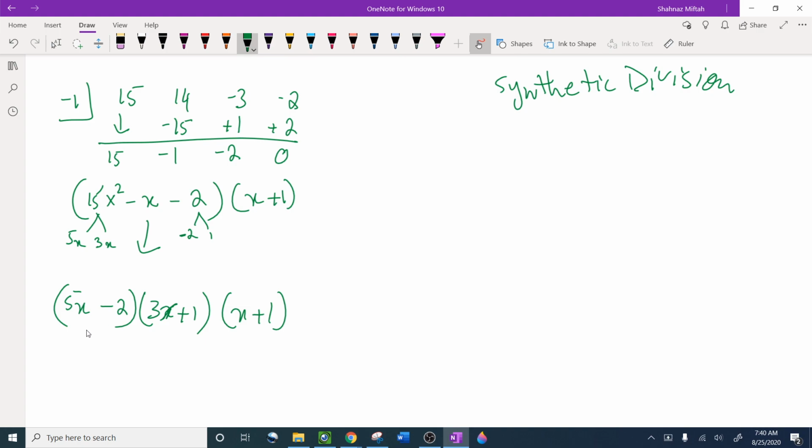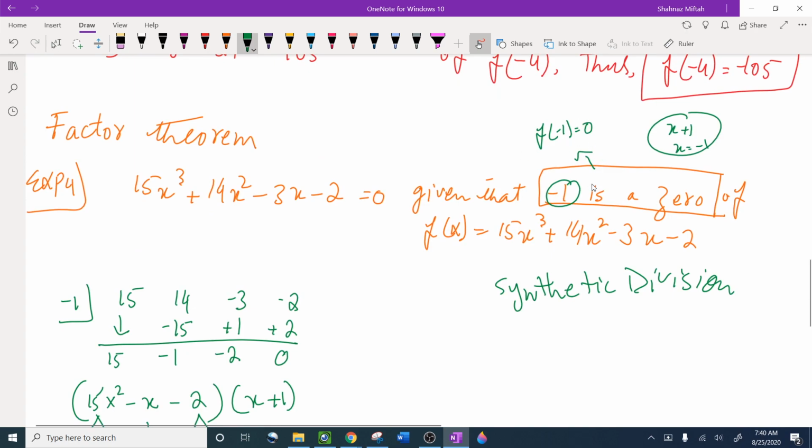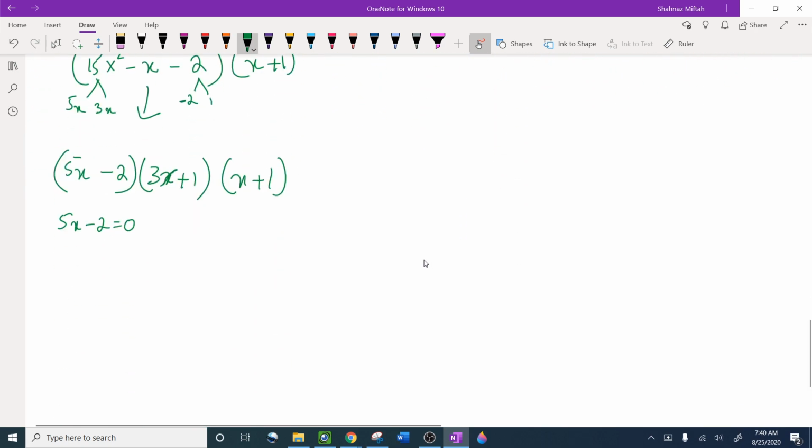Now, what is the solution set from this? The solution set is you're going to make each factor equal to 0. Like they said, negative 1 is a 0. So 5x minus 2 equals 0 is going to give me x equal to 2/5. Then I have 3x plus 1 equals 0, it's going to give me x equal to negative 1/3.